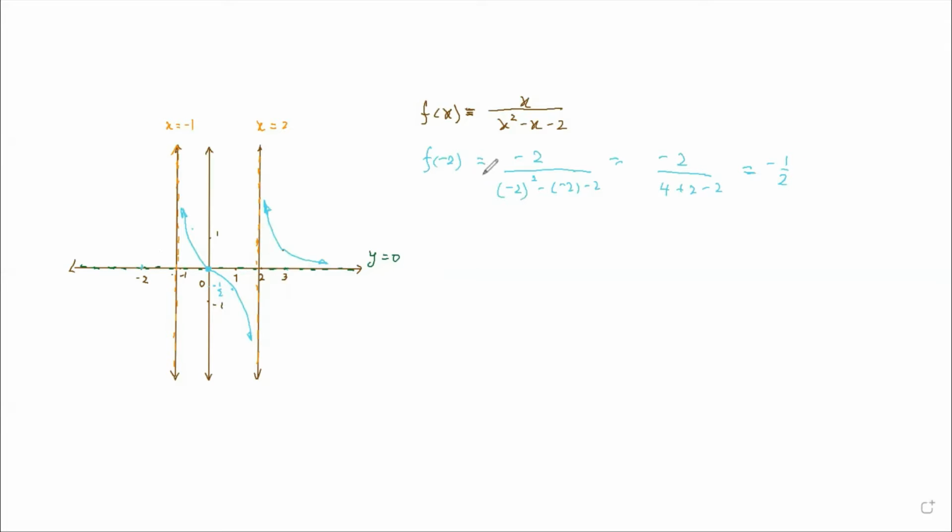So this is the y, okay? This one equals y. So then we know now that if x equals negative 2, y is going to be negative 0.5. Okay, so it should be about here.